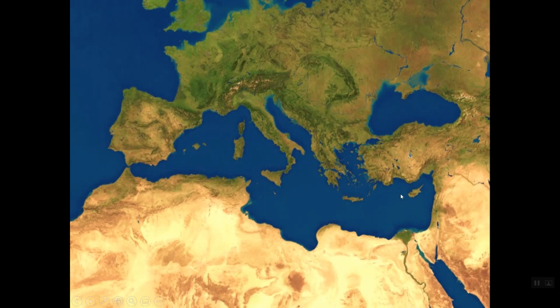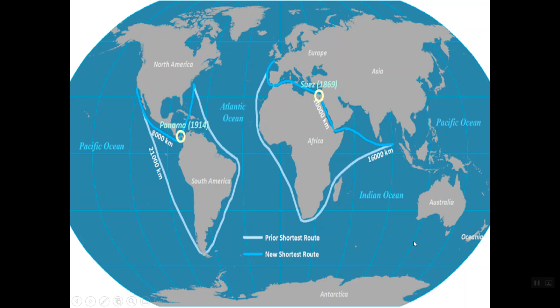You didn't have to go around Africa anymore. You get in there and you're good to go, right? So instead of going all the way around Africa, these 16,000 kilometers, you were able to go through. And the same with the Panama Canal, instead of going all the way around South America.